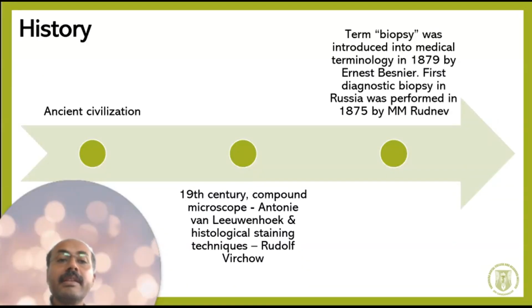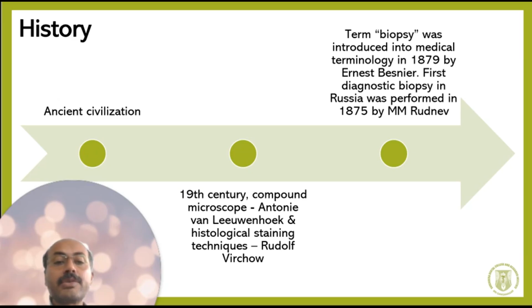Biopsy has a history that can be traced back to ancient civilization where rudimentary forms of tissue examination were performed. However, it wasn't until the 19th and 20th century that biopsy saw significant advancement and systematic development.